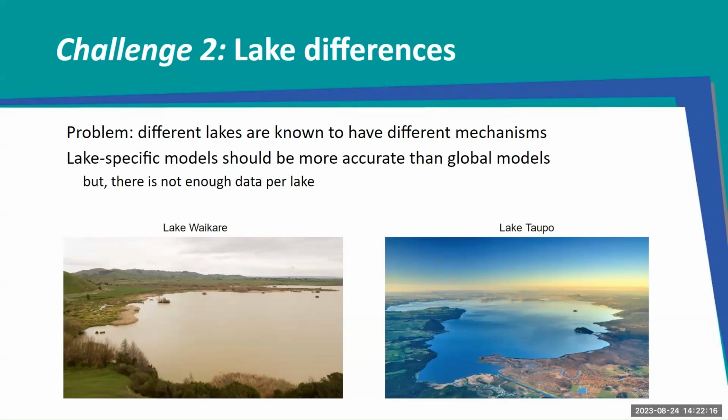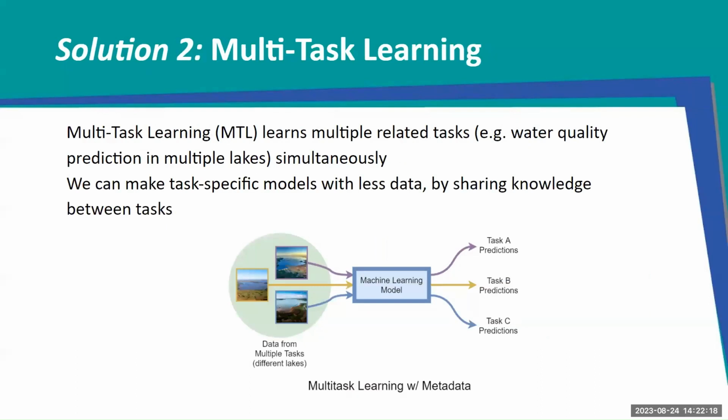Once again, those of you who've spent some time in machine learning might be thinking of multitask learning. This is where we want to learn multiple similar tasks, which in this case means each task is trying to predict the water quality of a lake given the color of the lake. You learn multiple of these tasks simultaneously, and that improves performance by sharing knowledge between the lakes.